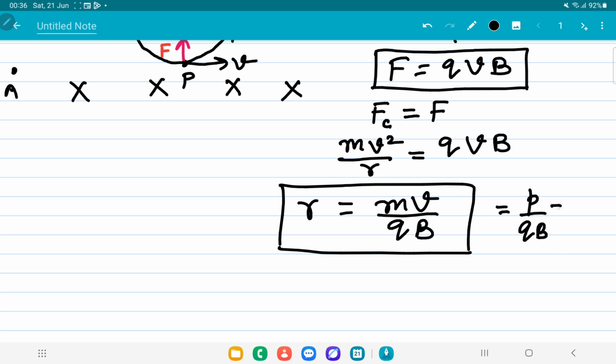And if we wish to write it in terms of kinetic energy, we can write root of 2mK, K for kinetic energy, upon qB. So at times the other two expressions are also useful to solve certain problems.